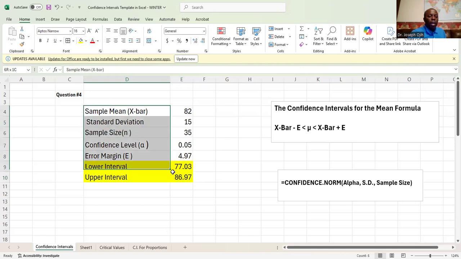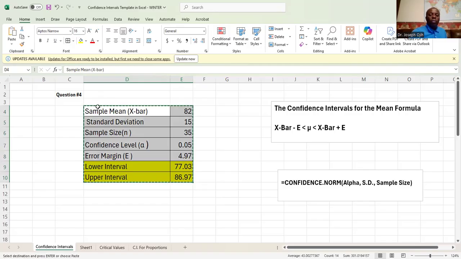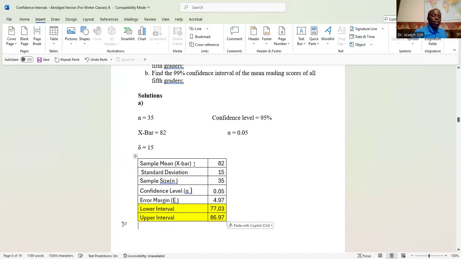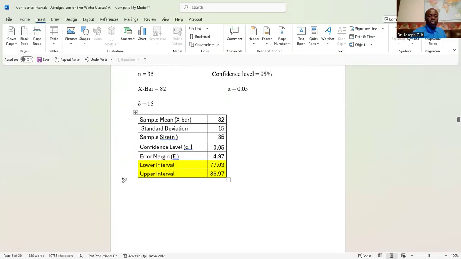I can just highlight it, make it clear, then copy it and paste it so we can conclude that side of the work. Now let's write a conclusion.